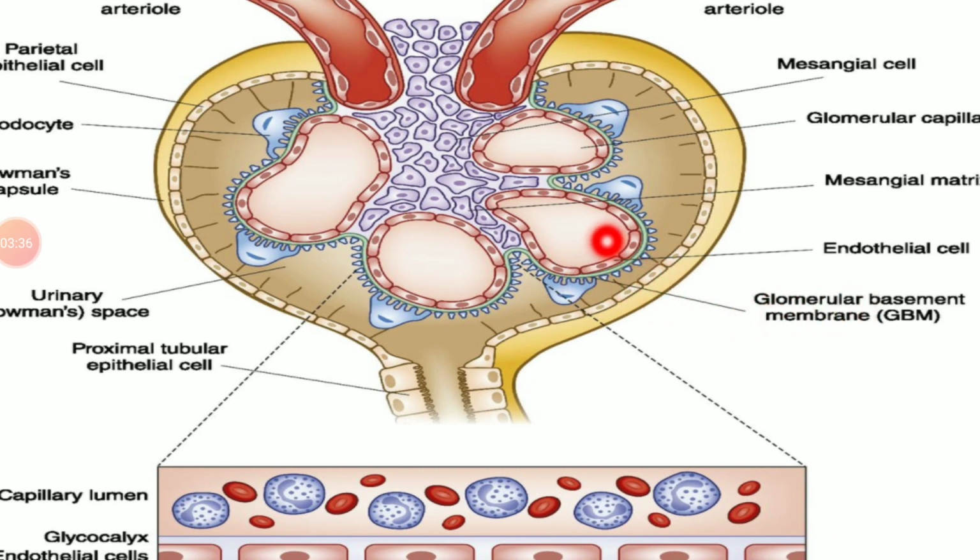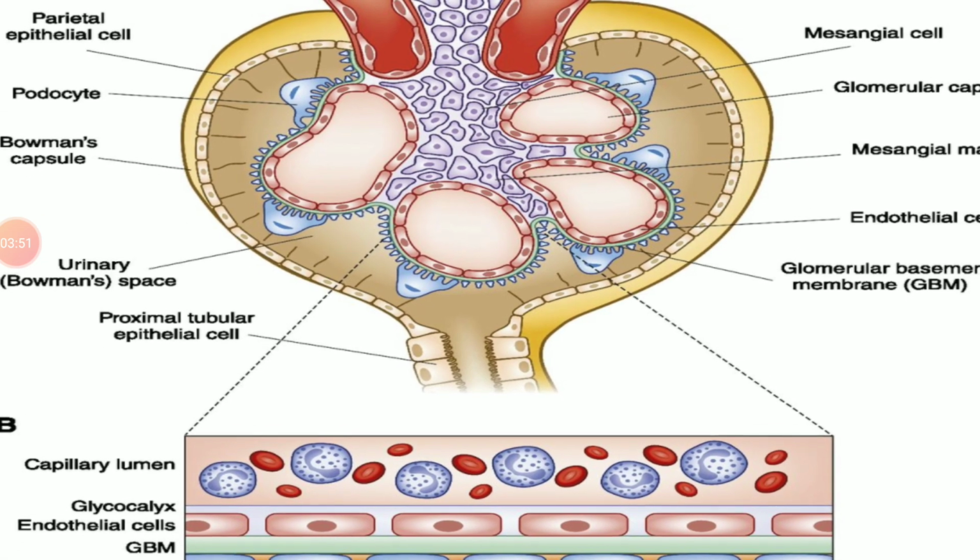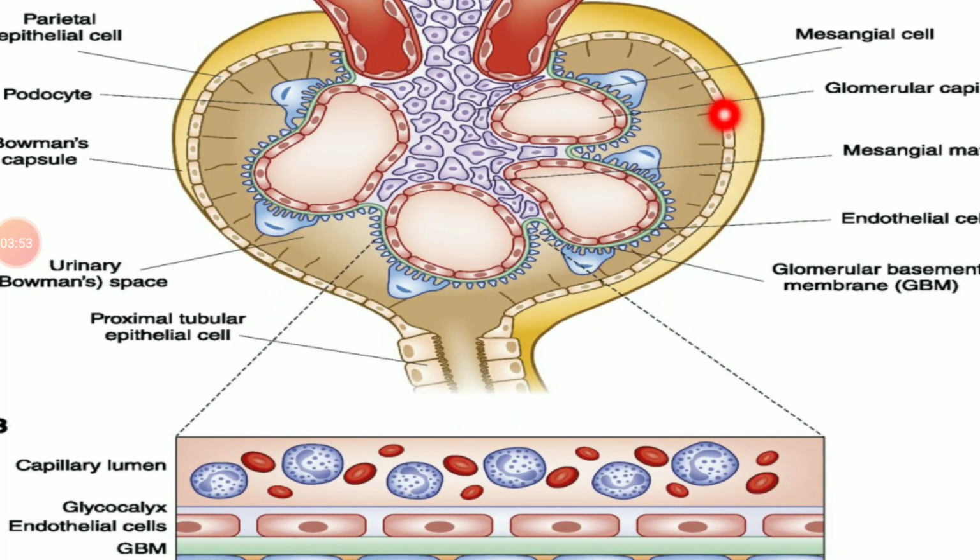So from the endothelium, the blood has to come out and then travel through the glomerular basement membrane. Outside the capillary, these capillaries are again wrapped or surrounded by epithelial cells, which are continuous with the parietal layer of the Bowman's capsule. Since this epithelial lining is covering the capillaries, we call it the visceral layer.